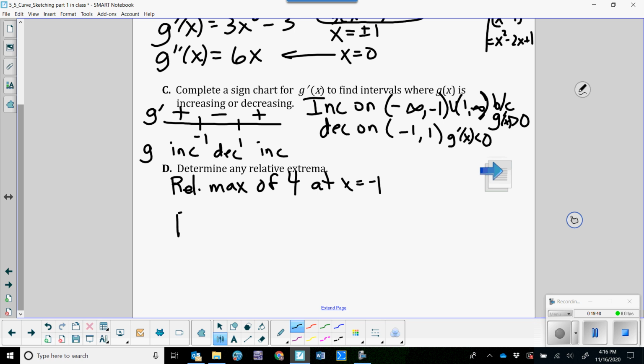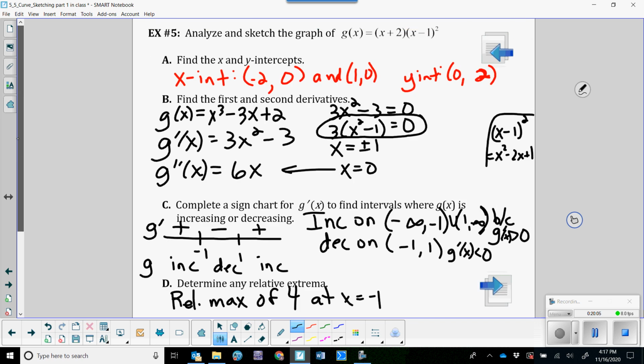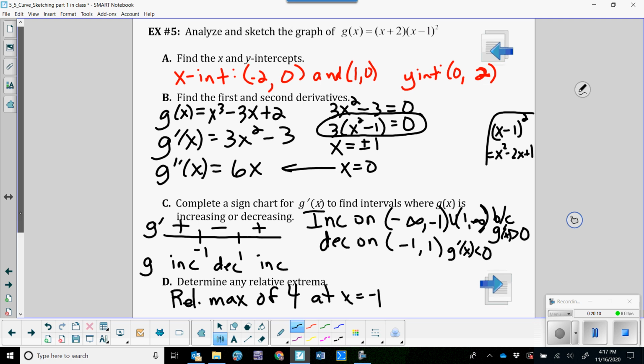And then I'll have a relative min. Well, I get a relative min when I change from decreasing to increasing. So that's going to be at x equals 1. If I plug 1 back into my original function, 1 plus 2 is 3, 1 minus 1 is 0.